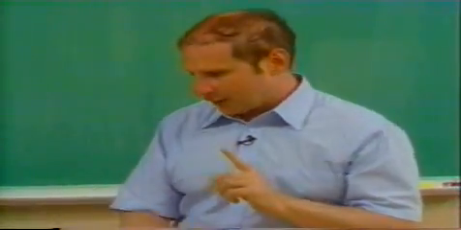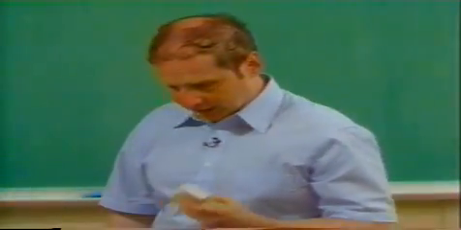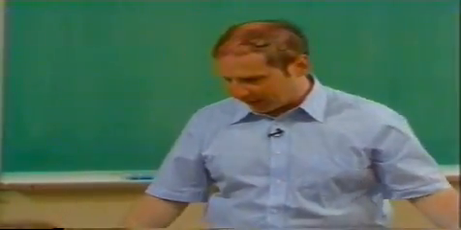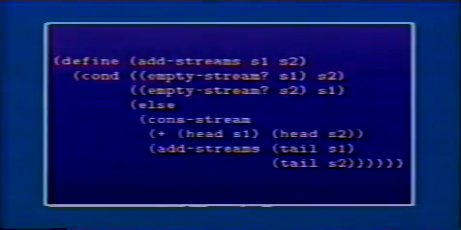Let me start by defining two procedures that'll come in handy. The first one's called add-streams. Add-streams takes two streams, S1 and S2, and it's going to produce a stream whose elements are the corresponding sums.